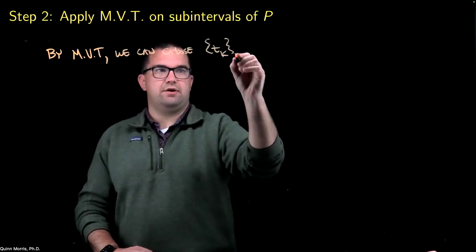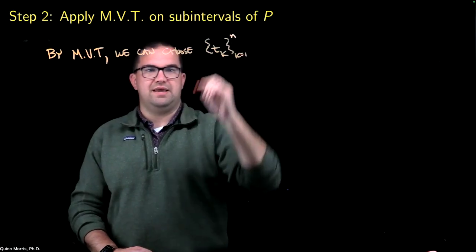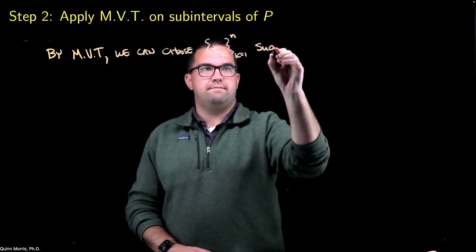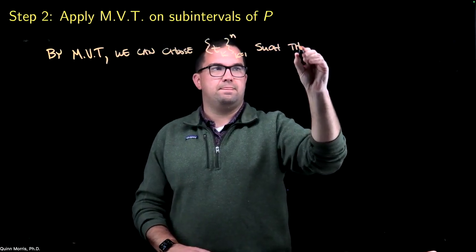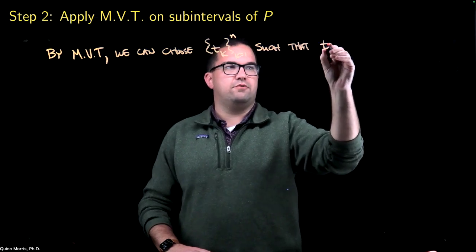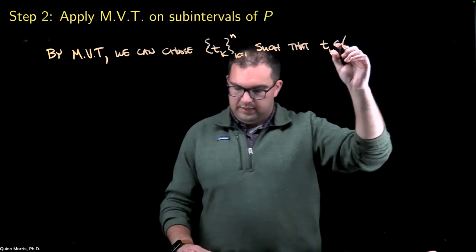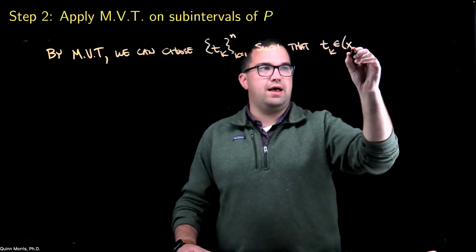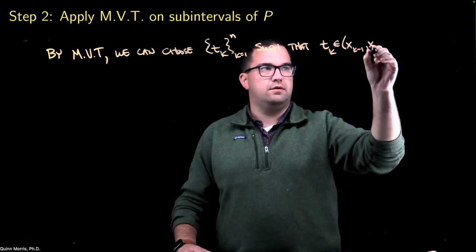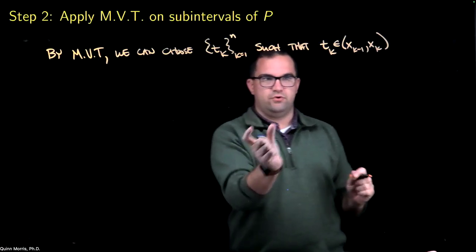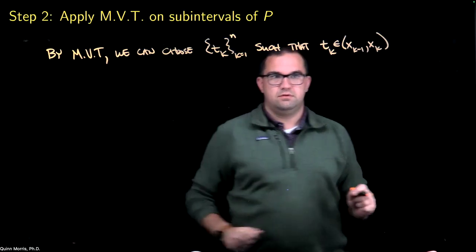These points t_k are going to go from k equals 1 up to n, such that, well, t_k is going to be a point in the subinterval [x_{k-1}, x_k]. So each of these points comes from one of the subintervals of the partition.